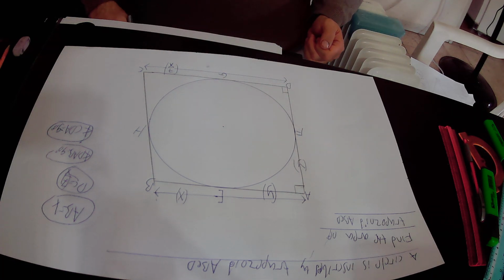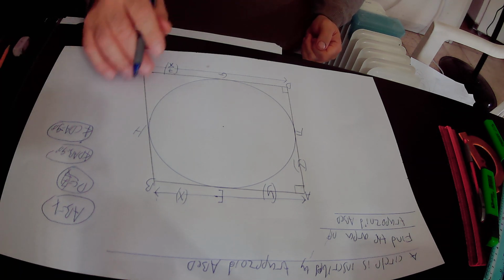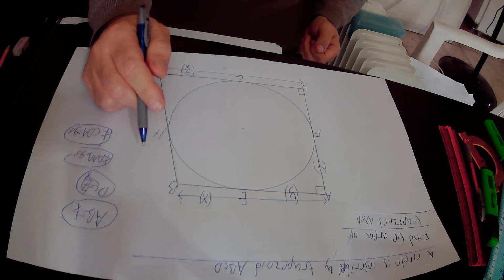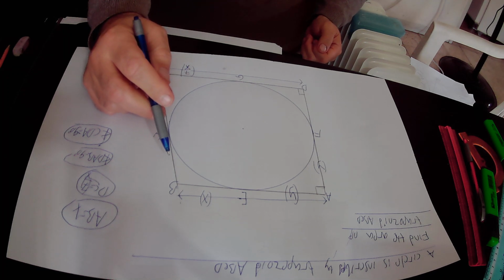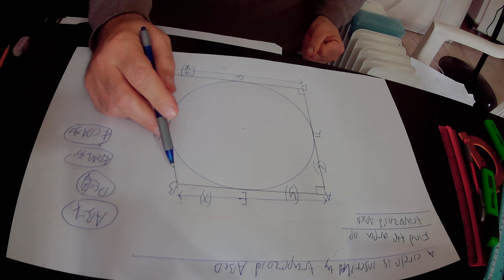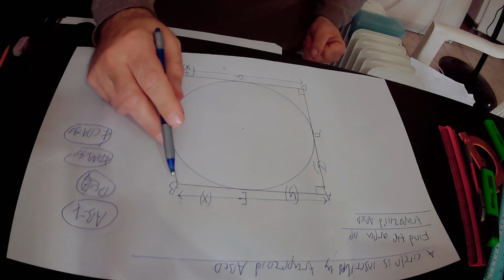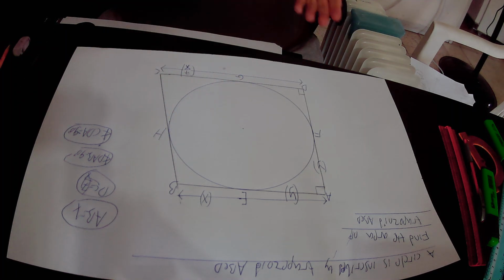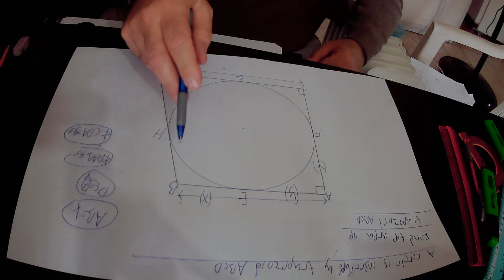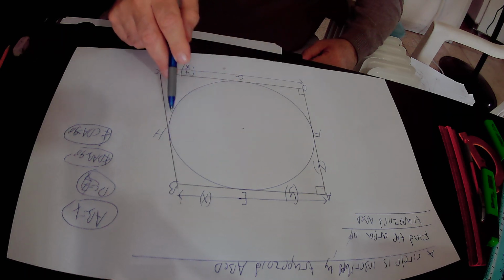Likewise, we'll focus on this common external point B. From this common external point B, we have two tangents to this circle, tangent BE and tangent BH. And according to rule 2, they are equal to each other. That is to say, BE is equal to BH.